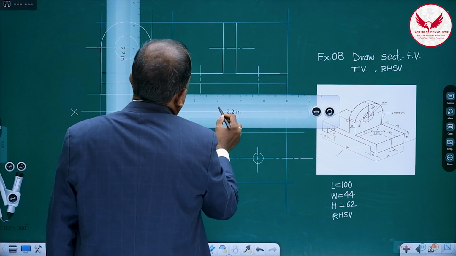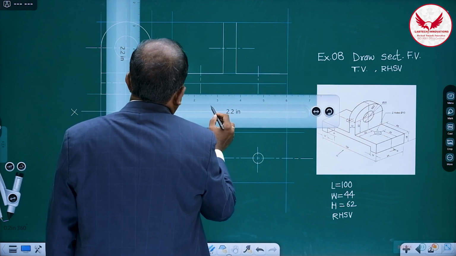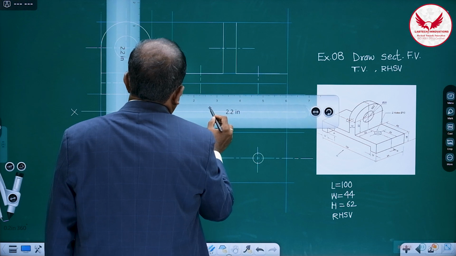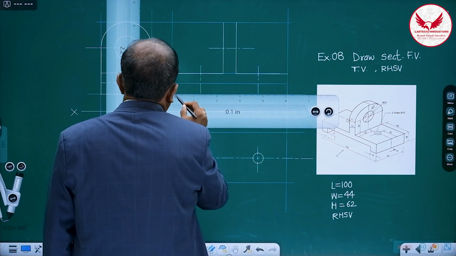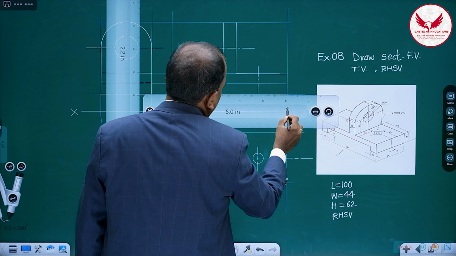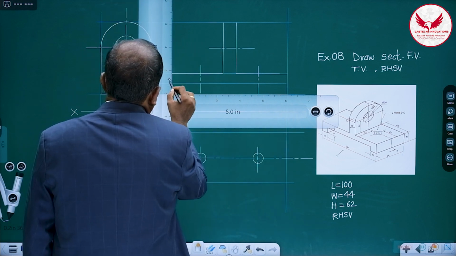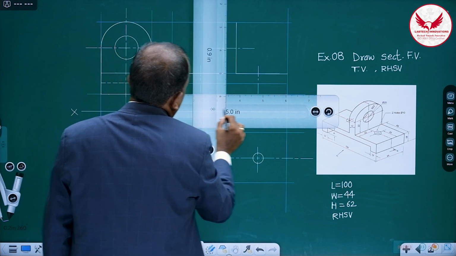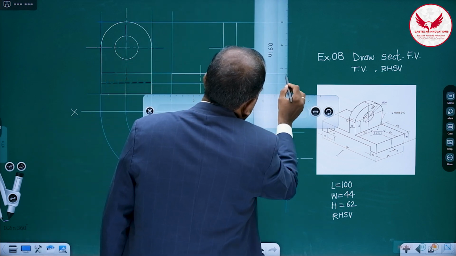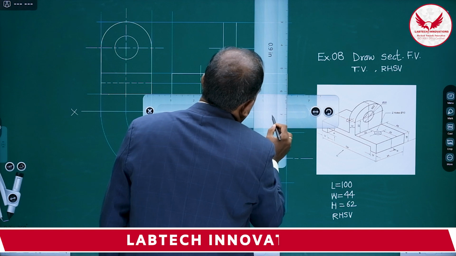And then make this rectangle dark. It's 100. It's 100. It's 18. This is also 18.